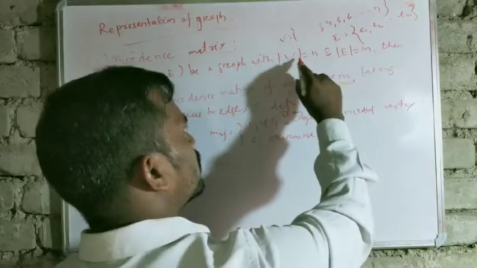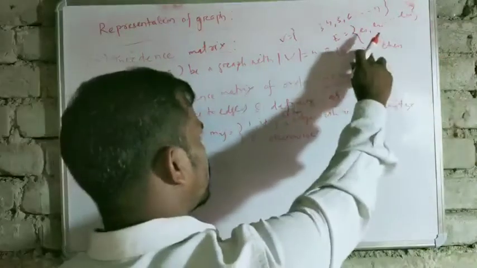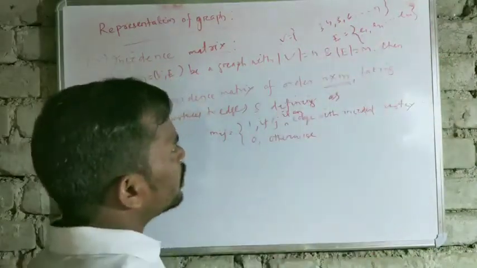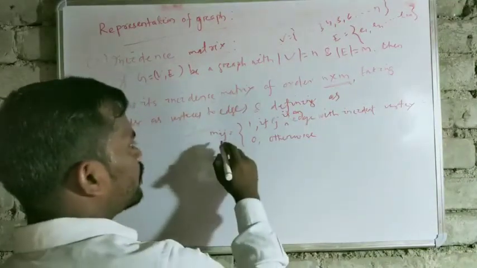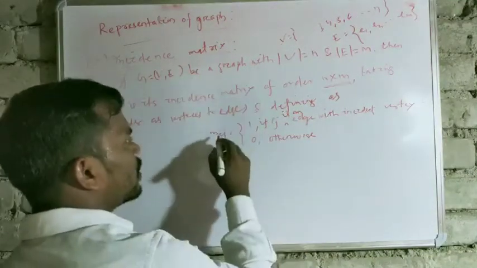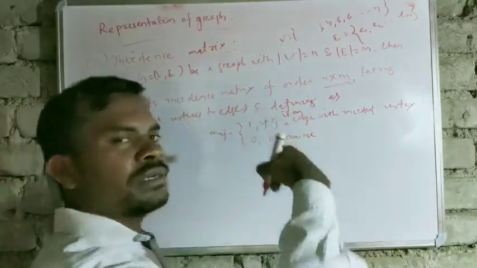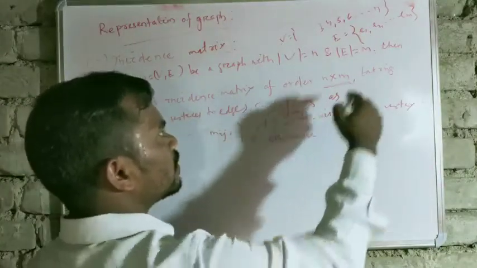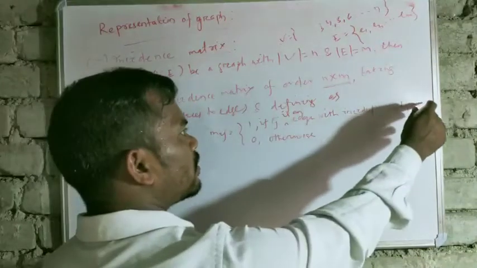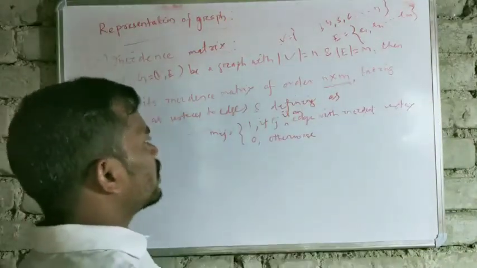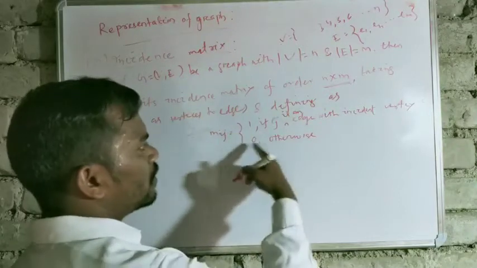n denotes the number of vertices and m denotes the number of edges. How will we define this incidence matrix? Here m_ij is equal to 1 if Ej is an edge with incident vertex i, otherwise 0.